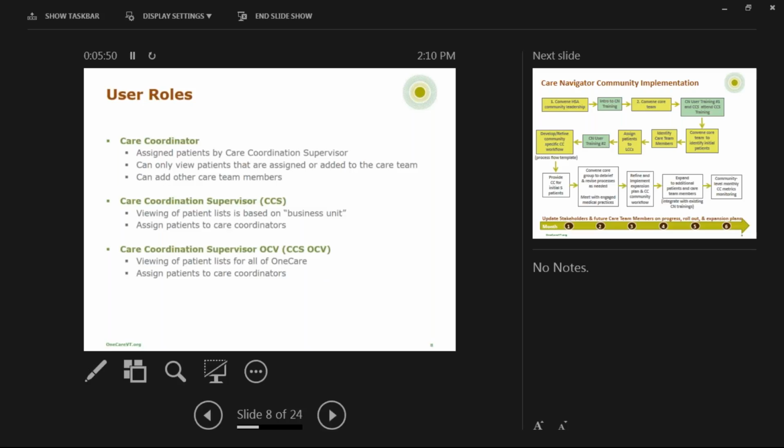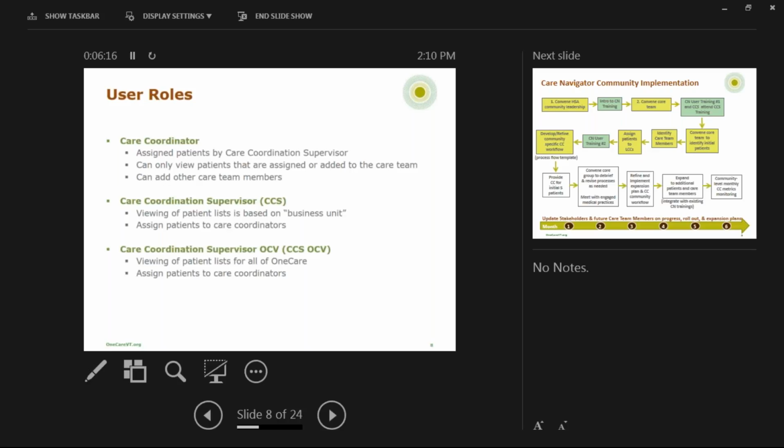Care coordinators can only view patients that they're assigned, and they can also add other care team members. And once they add other care team members, those care team members can view the patient information. These roles are based on the HIPAA minimum necessary rule, and they may be fluctuating as we roll out Care Navigator, but we did the best we could to come up with initial roles.